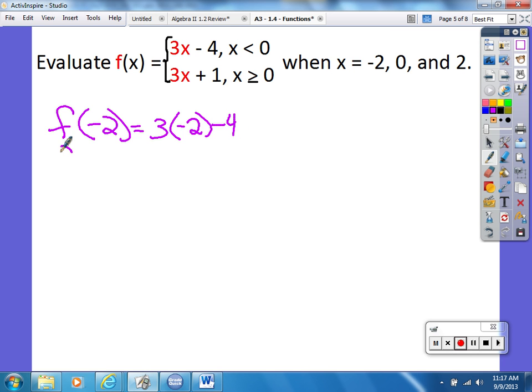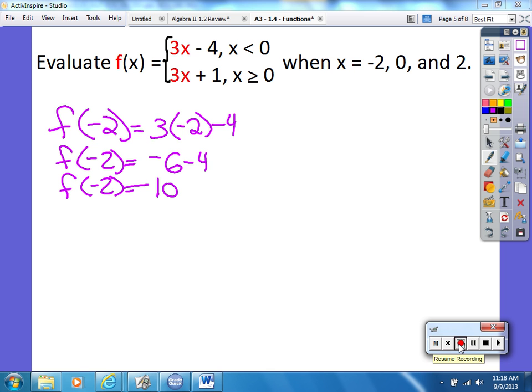So let's go ahead and go through it. F of negative 2 is equal to negative 6 minus 4. So f of negative 2 is equal to negative 10. So it may have been a while since you've seen it, and right now we're just working on evaluating them. So see if you can do 0 and 2 now on your own. So now I'm going to do f of 0.